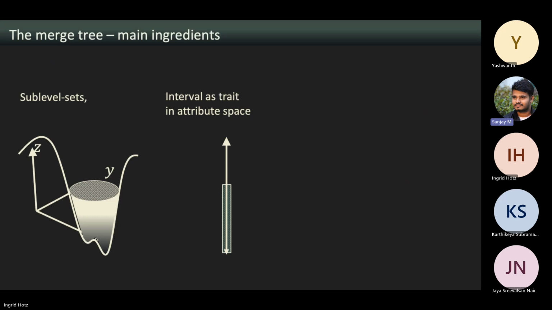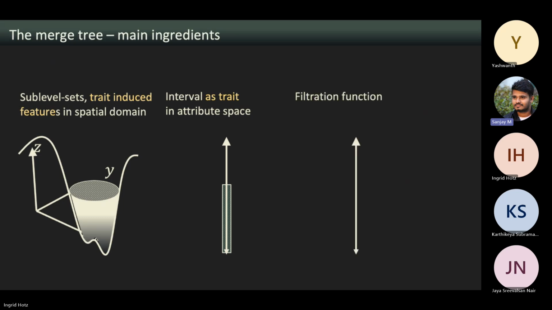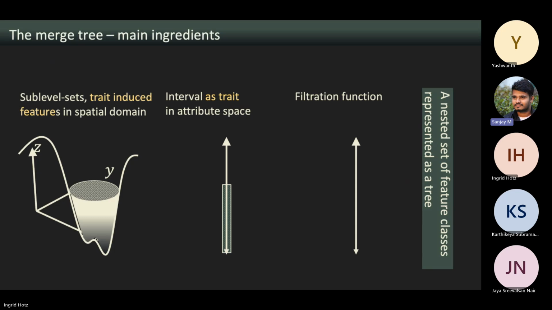Then we have something we consider as a trait, our trait, the feature. Then we have something that we call the filtration function. This is the sweep where I change the iso level. This could refer to a density, this could refer to a temperature, whatever you do. And this filtration basically in the end fills up the tree. We will get a nested set of feature classes.